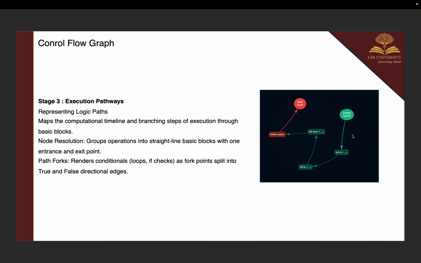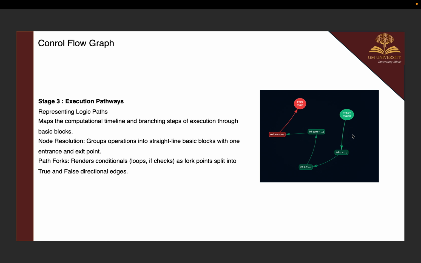Next is the control flow graph, stage 3, execution pathways representing logic paths. It maps the computational timeline and branching steps of execution through basic blocks and node resolutions. The node resolution groups operations into straight-line basic blocks with one entrance and exit point.